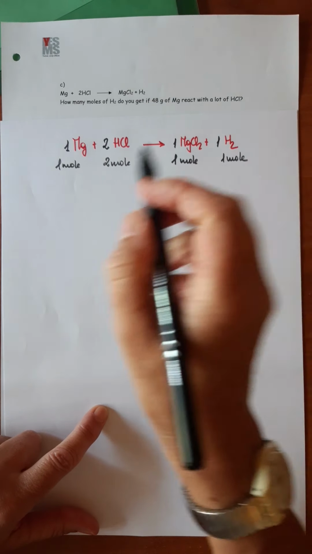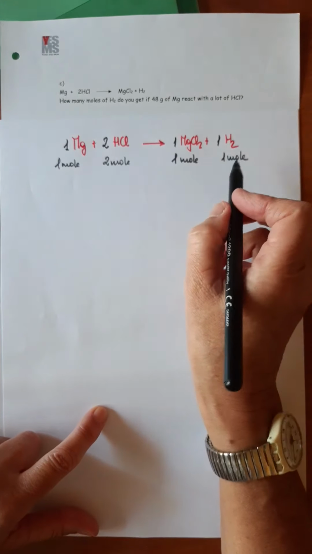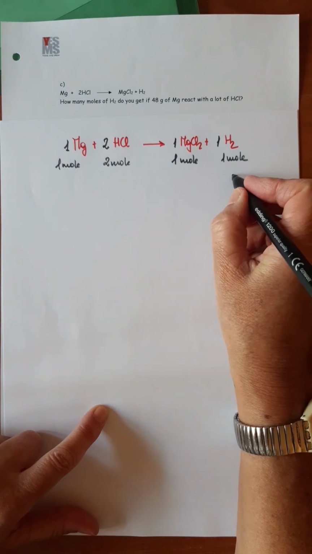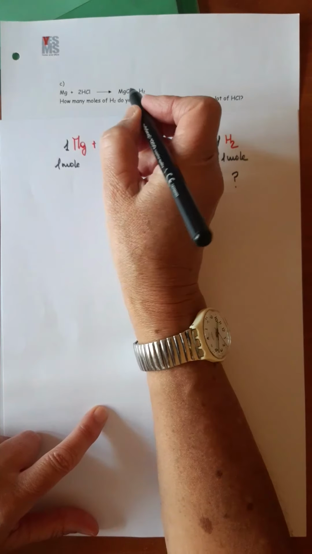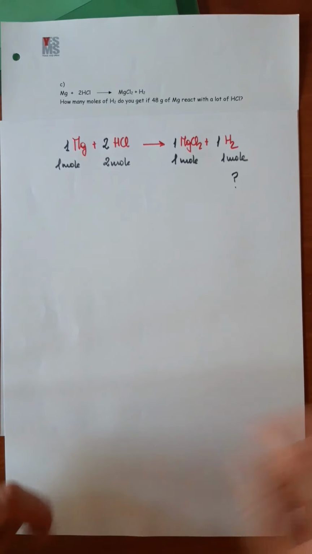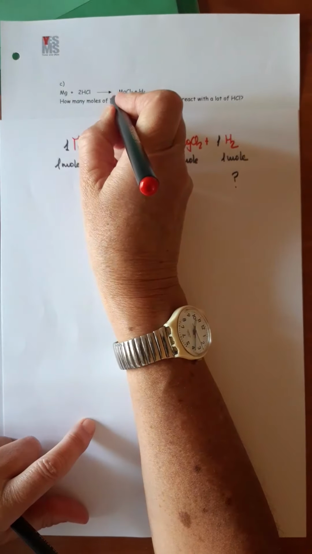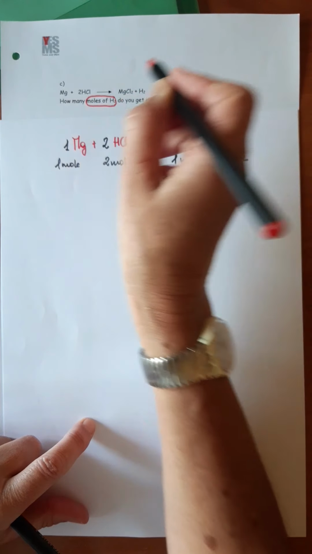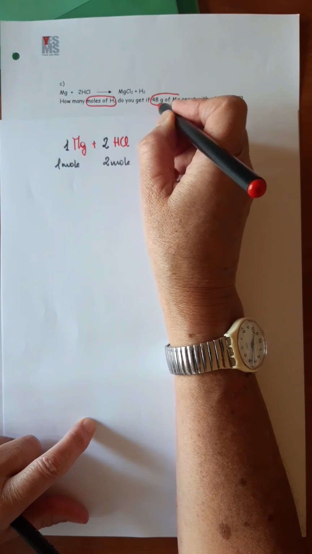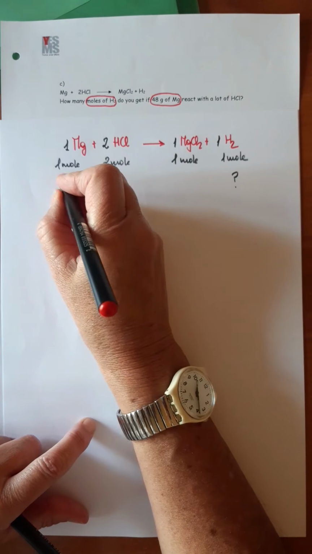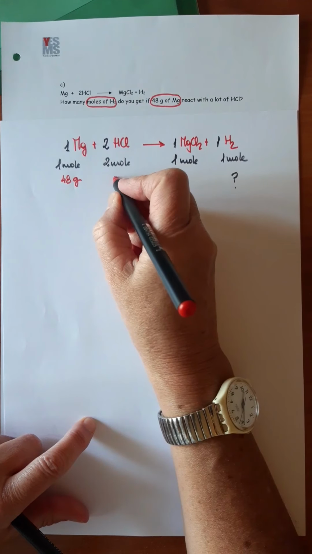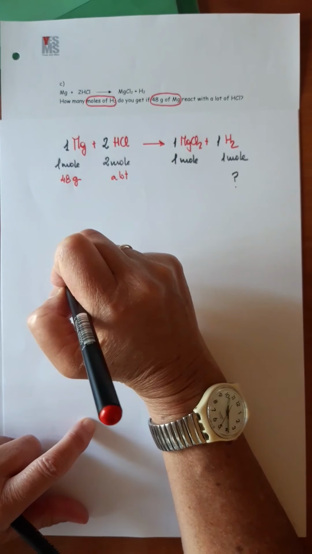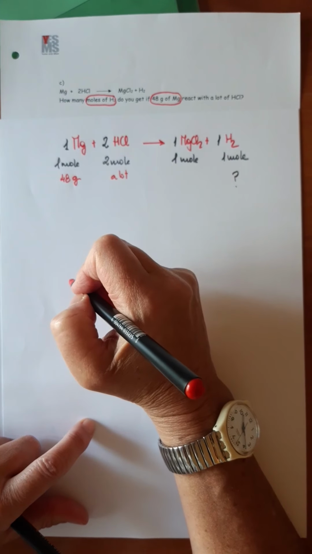Okay, how many moles of hydrogen do you get if 48 grams of magnesium react with a lot of hydrochloric acid? That is the question, and this is our data.